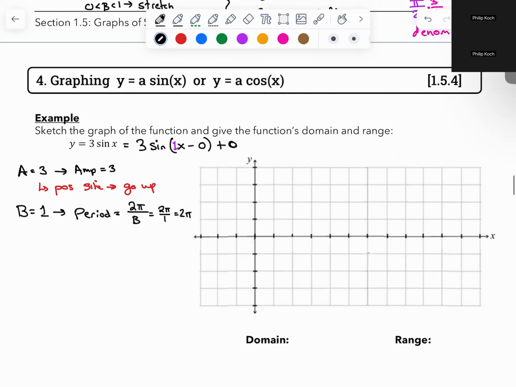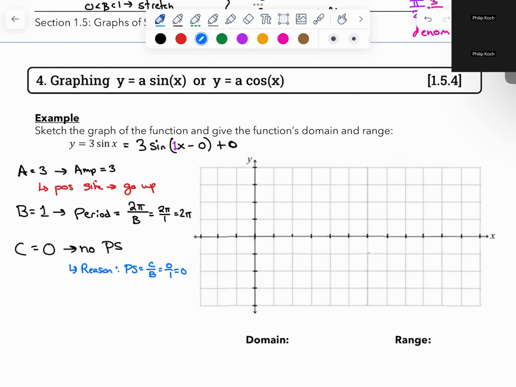C value is 0, so there is no phase shift. The reason is that the phase shift is equal to C over B, that'll be 0 over 1, which is 0.